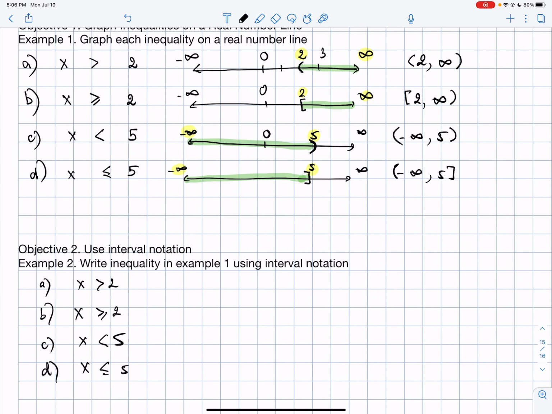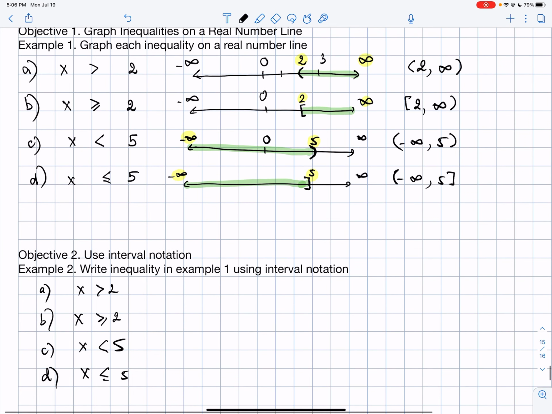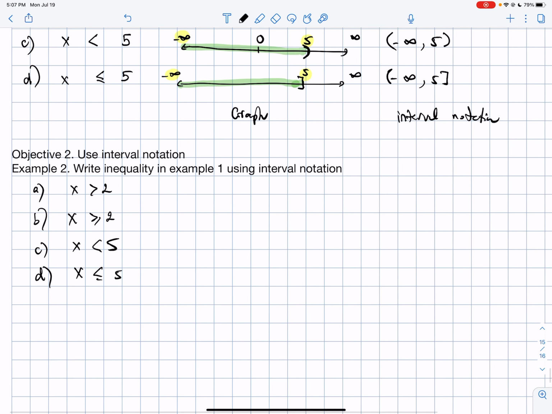In this problem, I also want to talk about the set builder notation. Right here we made the graph, and here is the interval notation. We want to write it in set notation. It's very easy. You just put down in the set, you write x. This means all of x such that x is greater than 2.